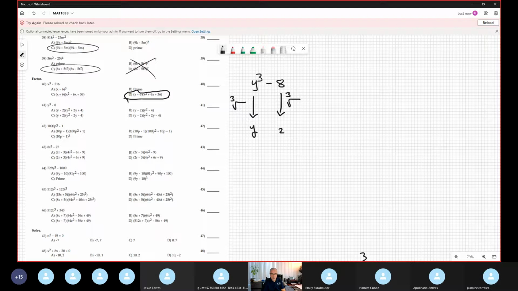Using the formula, under the supposition that this is A and this is B, it is y minus 2, times y squared plus 2y. Remember, 2y comes from the multiplication of this and this together, A and B, plus the square of the second, which is 2, and 2 squared is 4. Boom.